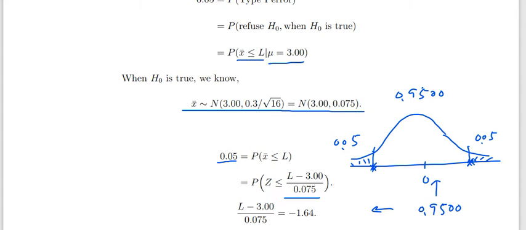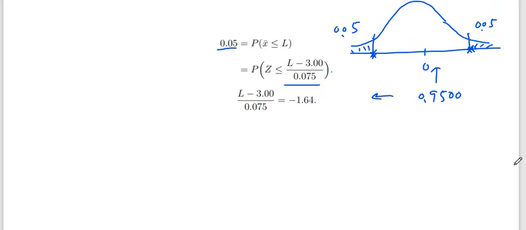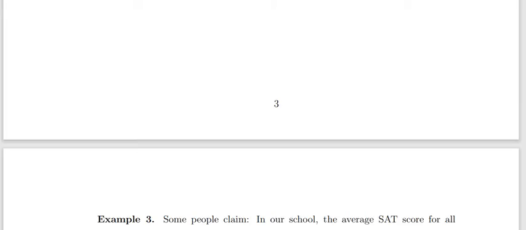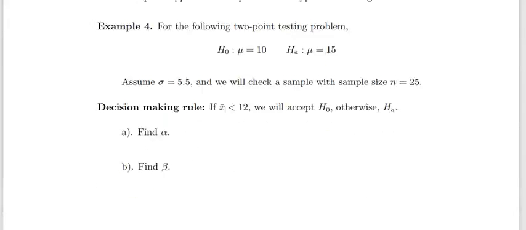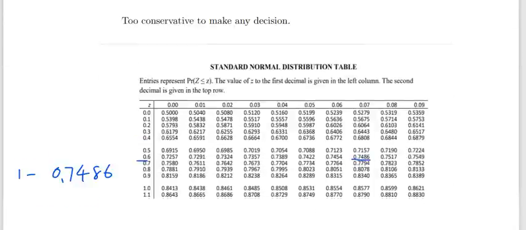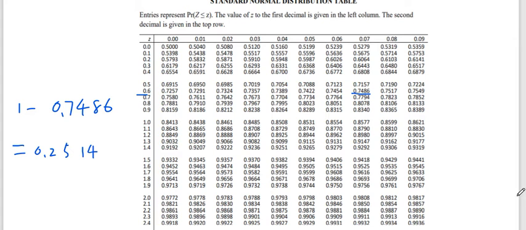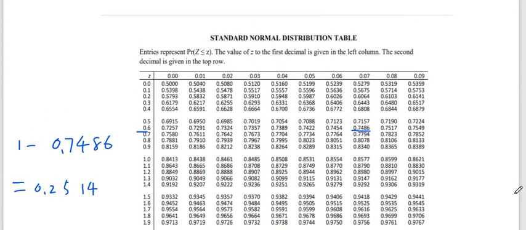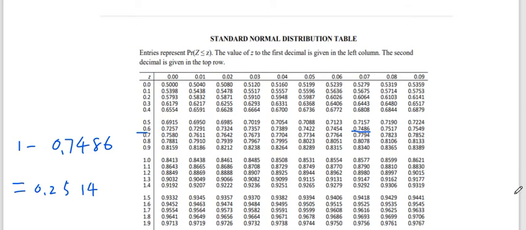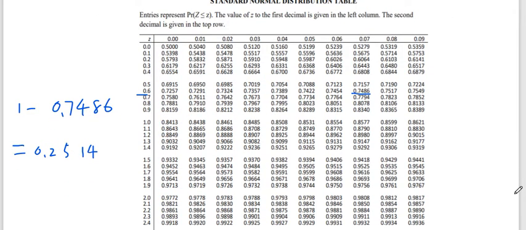So from the normal table, we find this cut point for 0.9500. So let's check the normal table. Okay, here it is. We need to check 0.9500, and we find the neighborhood for 0.9500 here.